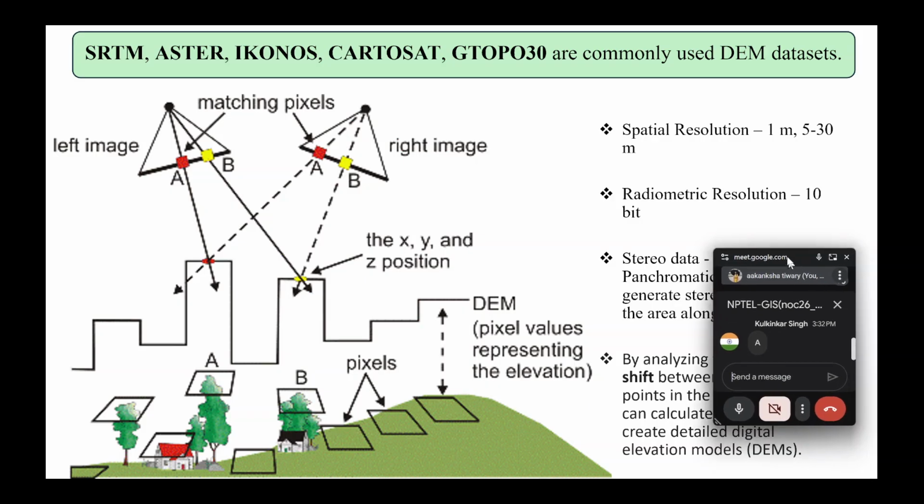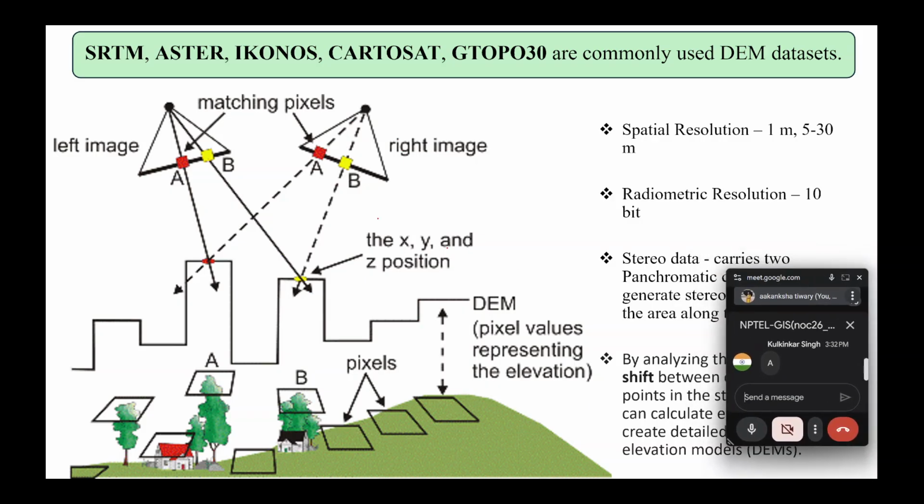Now moving on, SRTM, ASTER, Ikonos, Cartosat, and GTOPO30 are commonly used digital elevation model datasets.